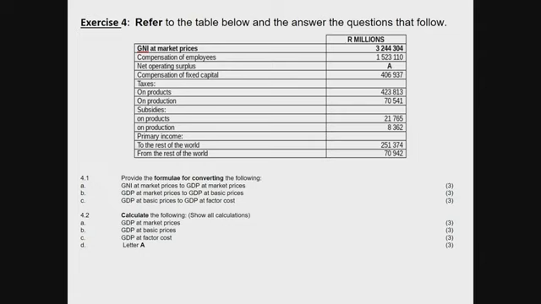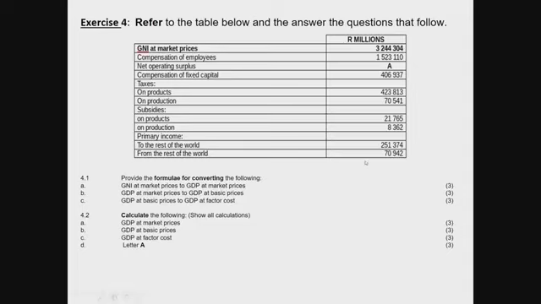Okay, let's look at the first one. It says GNI at market price to GDP at market price. So to go from GNI at market price to GDP at market price, you're starting from the bottom and you're working your way up.